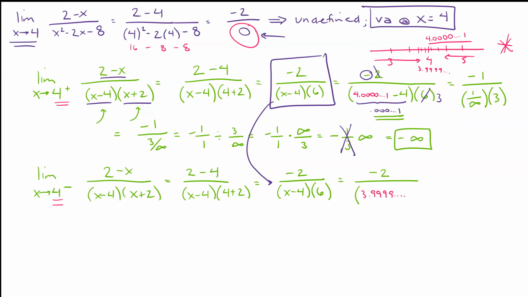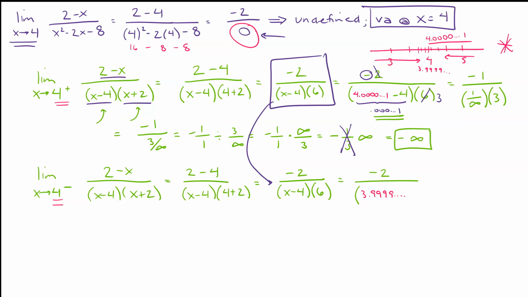And when we do this math here, 3.9999999 minus 4, we get an answer of negative 0.0000001, which is a really, really tiny negative number. And another way of saying a really, really small negative number is negative 1 over infinity. So that becomes negative 1 over negative 1 over infinity times 3.